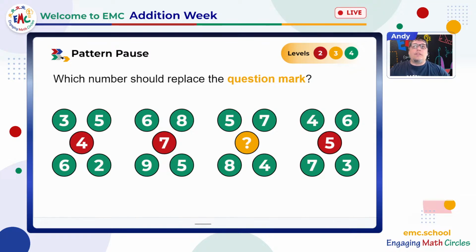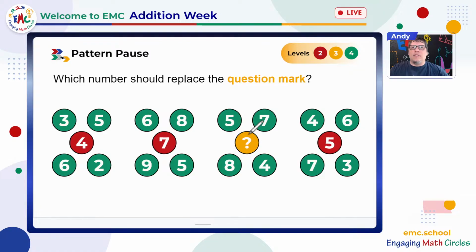Okay, let's look at some possible patterns here. We have 3, 5, 6, and 2, and the middle is 4. So let's see, what can I get from 6, 8, 9, and 5? The middle is 7. 4, 6, 7, 3, the middle is 5.